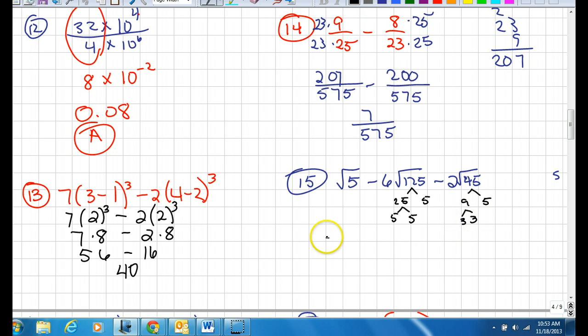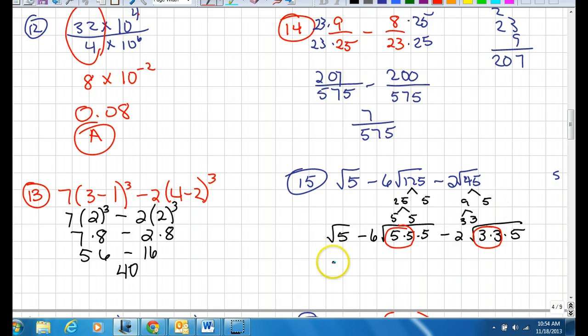So I'm going to rewrite this. 5 minus 6 square root of 5 times 5 times 5 minus 2 square root of 3 times 3 times 5. And what are my pairs that I can find here? In this first one, what do I have I can take out? I have a pair of 5s, and I have a pair of 3s.